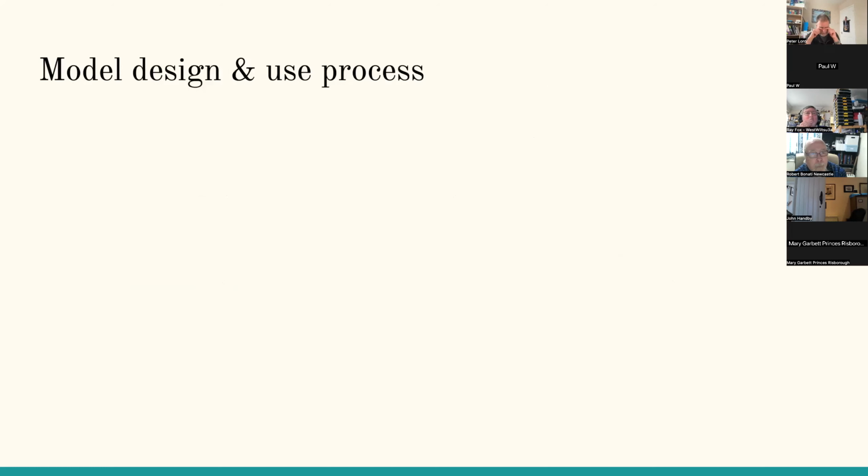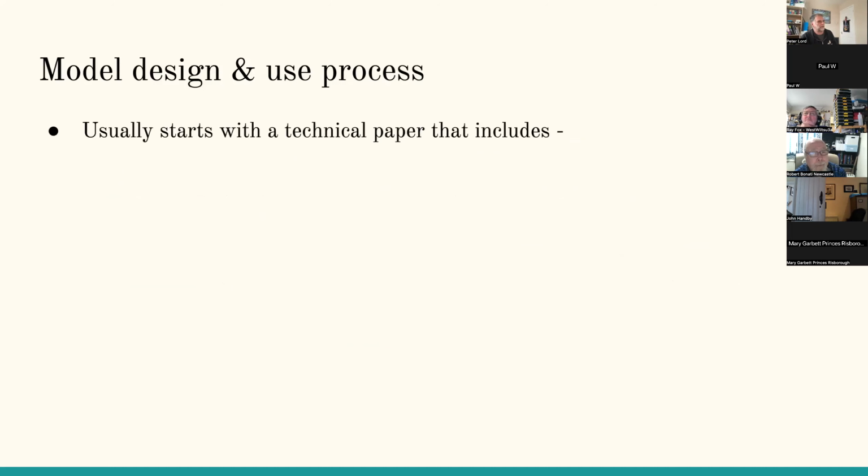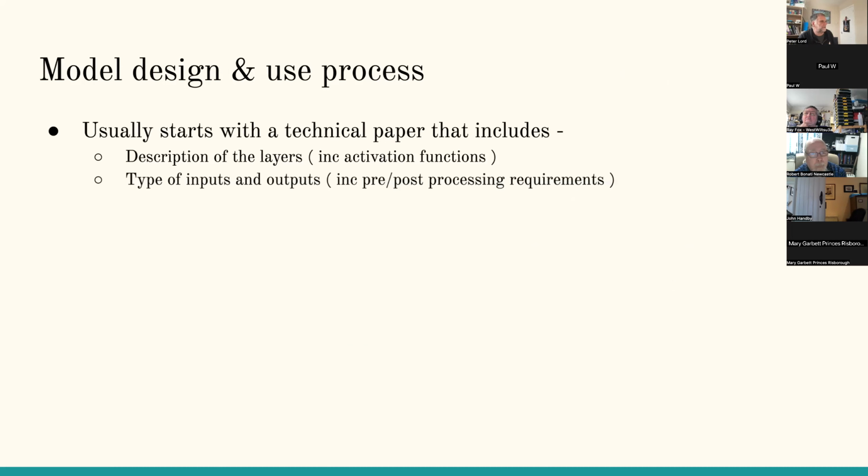So, taking all these bits and pieces together, this is how it works. If you want to use a classical neural network in your own application at home, some boffin somewhere writes a technical paper, a PhD student or something like that. And that paper normally includes a description of the layers, including the activation functions, the types of input and output, maybe some pre-processing requirements.